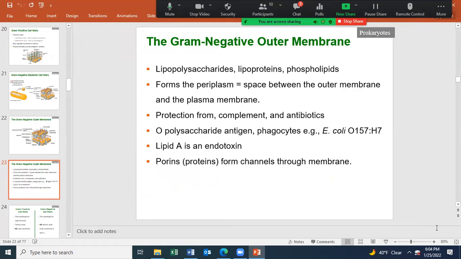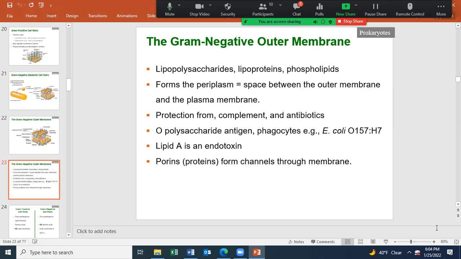So the gram-negative outer membrane has a few different molecules in it, including the lipopolysaccharide, lipoproteins, phospholipids, and there's a periplasm, which is the space between the outer membrane and the plasma membrane. And the periplasm is where you find the peptidoglycan.